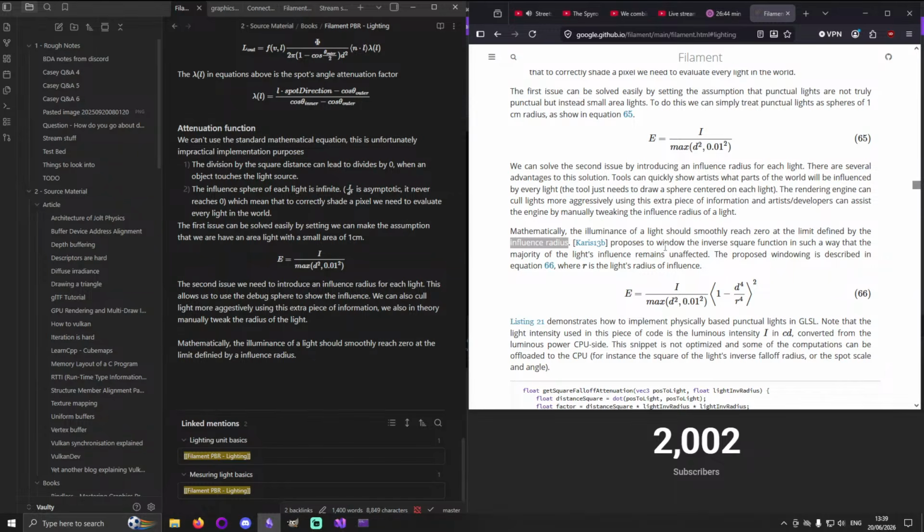The proposed windowing is described in equation 66, where r is the light's radius of influence.